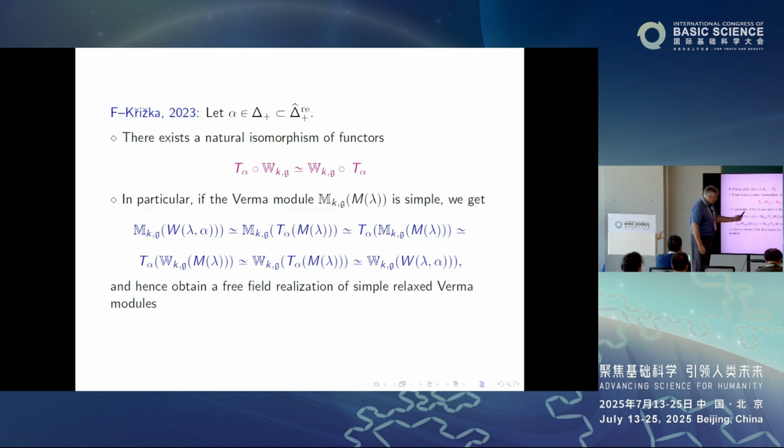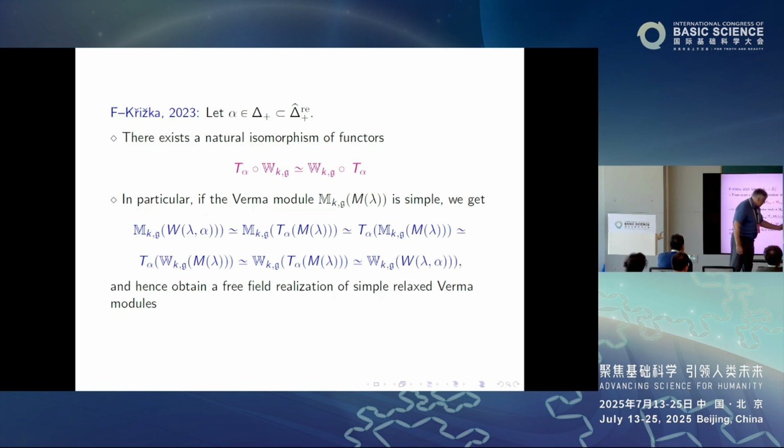So suppose we have this localized module. Remember that this W is just T alpha applied to a Verma module. On the finite dimensional G, the top part is a module for finite dimensional G. This functor is affinization, so we get a relaxed highest weight module for affine G. But now, using the permutation of the functors, we go all the way here and we end up with this.